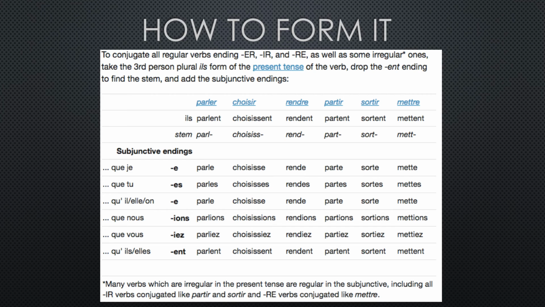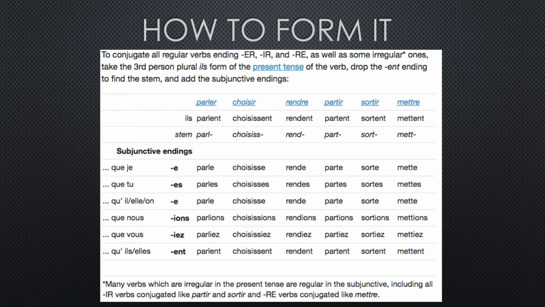And again, if you look at parler here, the je, tu, il, and the ils plural forms are all the same in the subjunctive as they are in the indicative, which is one of the saving graces for ER verbs.